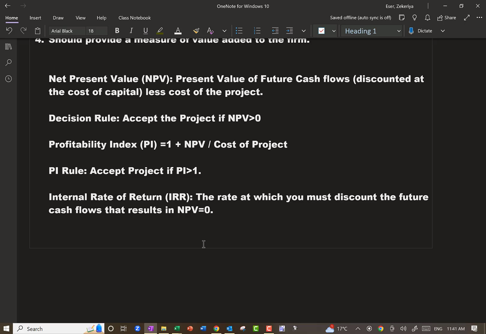If you think about it, here's the equation that needs to be solved. Cash flow 1 divided by 1 plus R, plus cash flow N divided by 1 plus R raised to the power N, minus or plus C0.